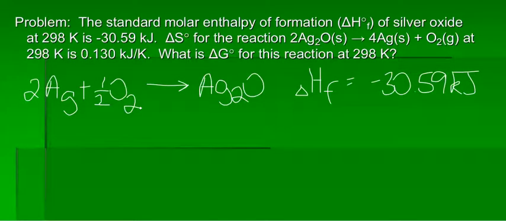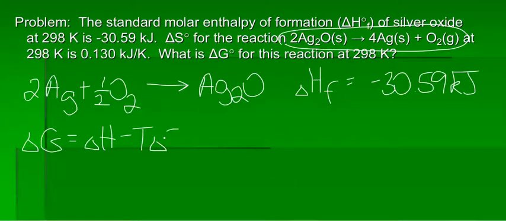So that's the equation for which I've been given delta H. I want to find delta G for this reaction. Well, delta G is H minus TS. Well, delta H for the reaction up here has to be calculated from the delta H of formation that I'm given here.